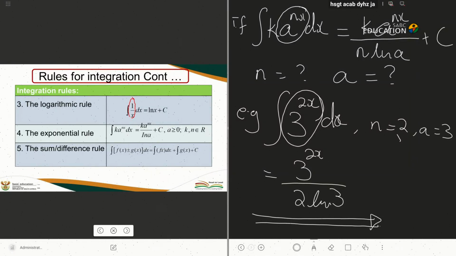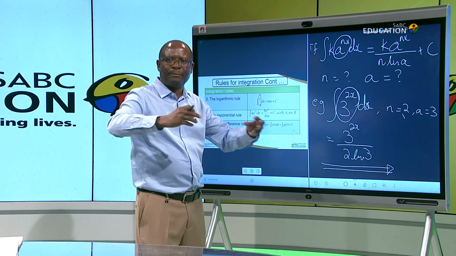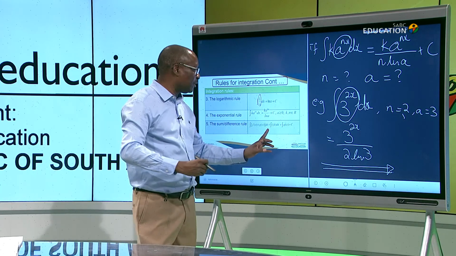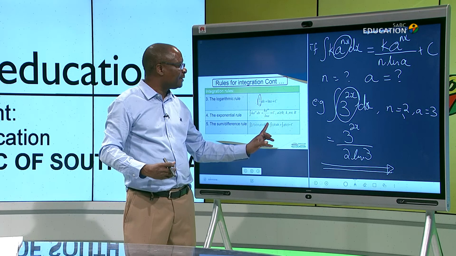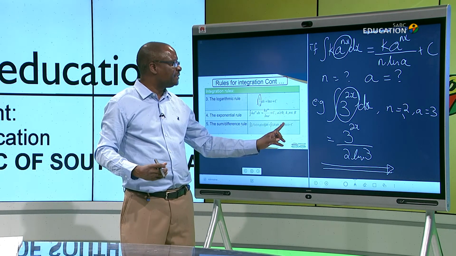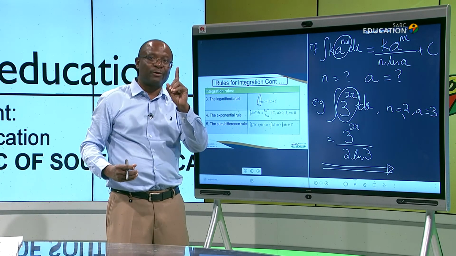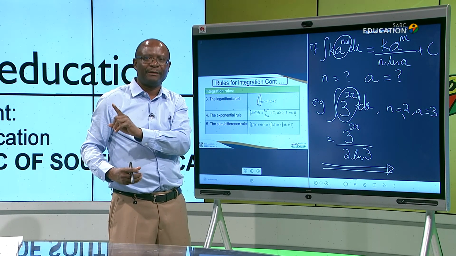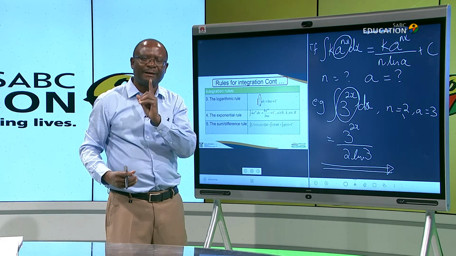Here there is the sum of two functions, f of x and g of x. But then to integrate this, you must split the two, which becomes the integration of f of x dx plus the integral of g of x. And remember always to add your arbitrary constant c. Please do that in order to minimize unnecessary penalties.